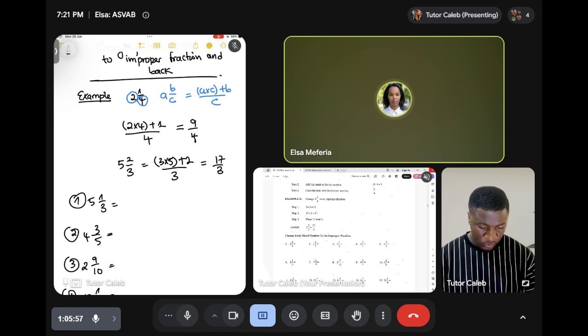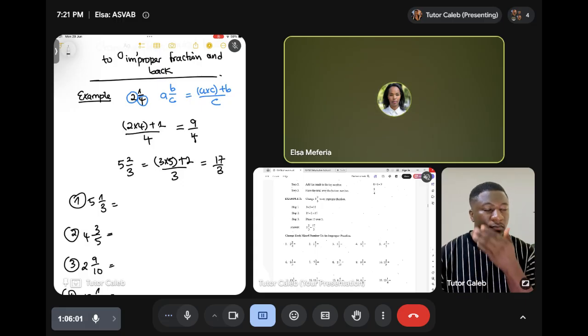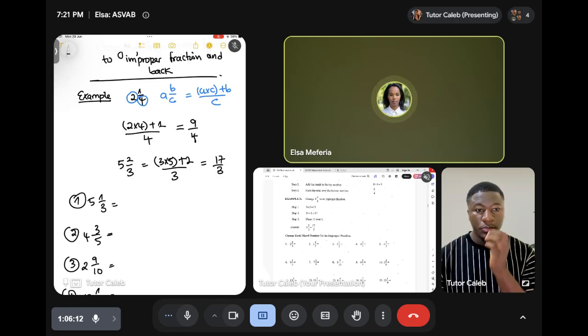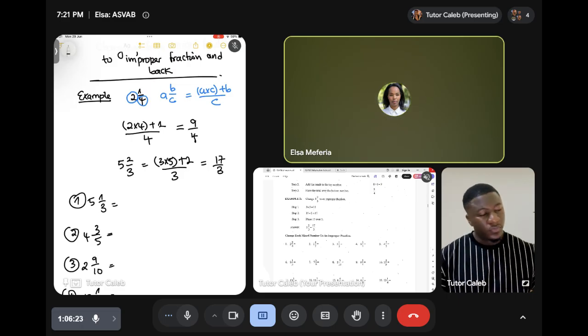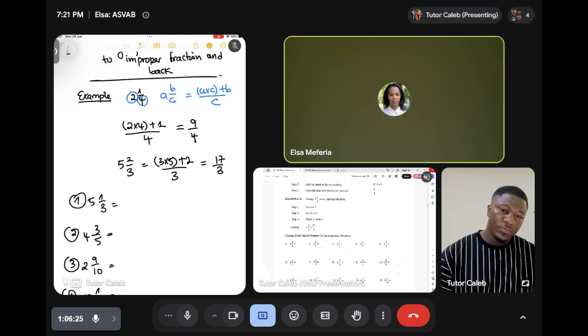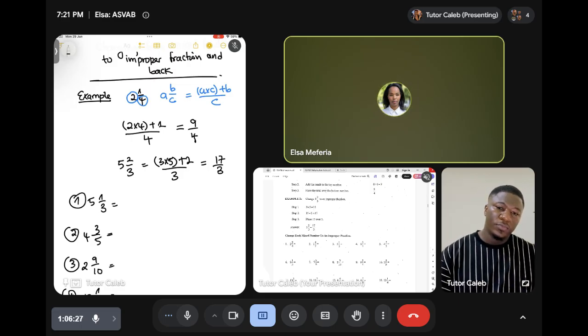So now let me do 5 1/3 equals. So you're saying A B over C equals A times C plus B, over C. Okay. So 5 times 3 plus 1, in parentheses, divided by 3.